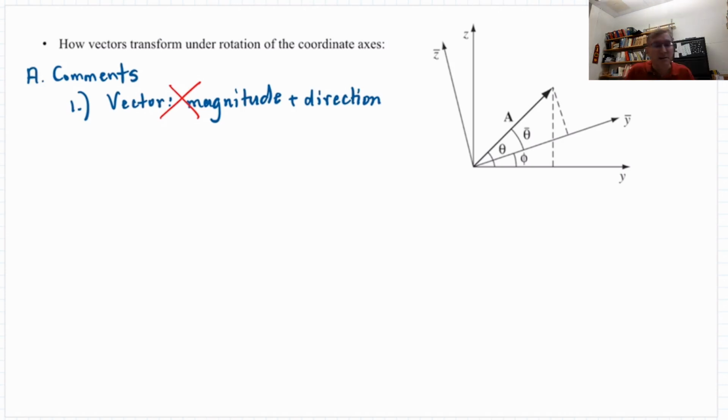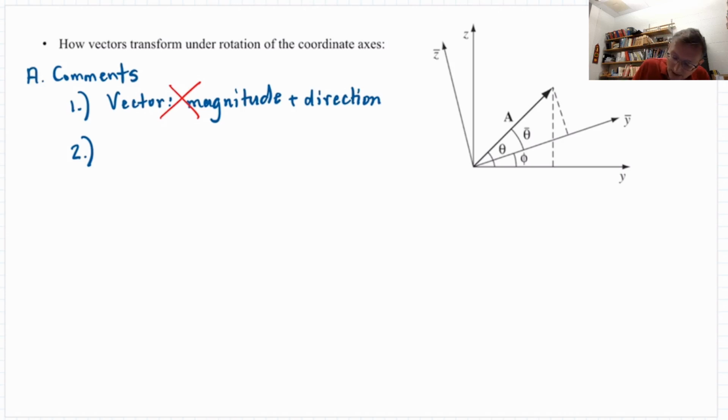Okay? All right, so we need to have a better understanding of what it is that makes a vector a vector. In other words, what's the definition of a vector quantity if it's not something with a magnitude and a direction? All right, so to develop that new definition of a vector quantity, let's take something we know full well is a vector quantity in physics.